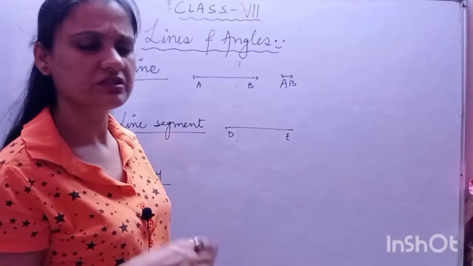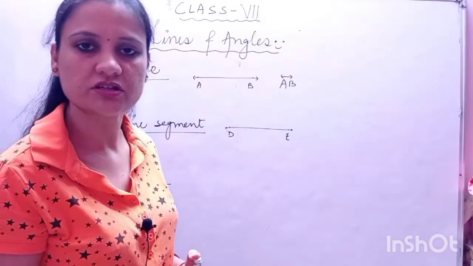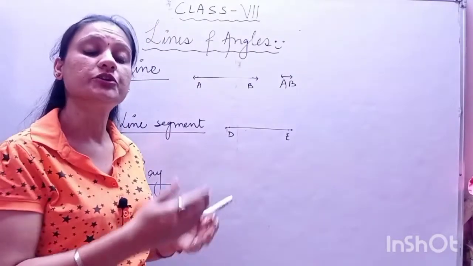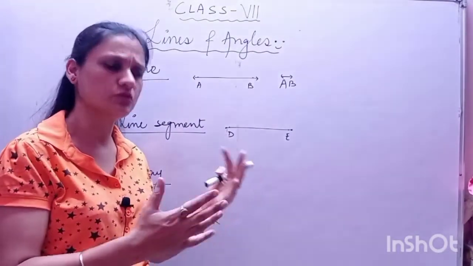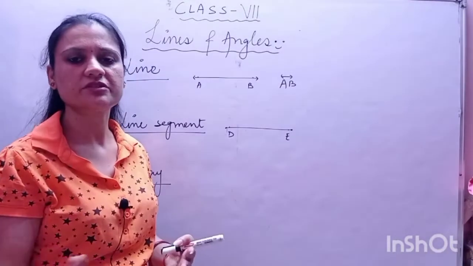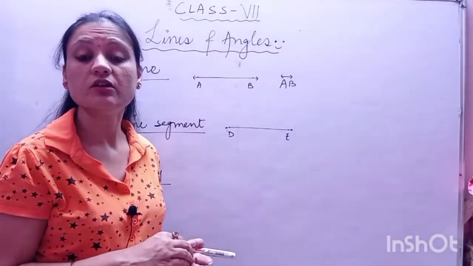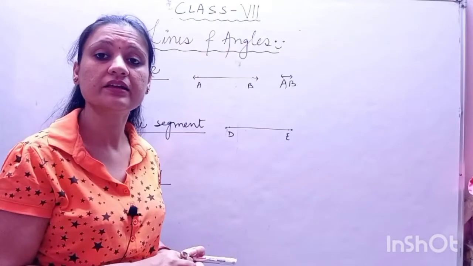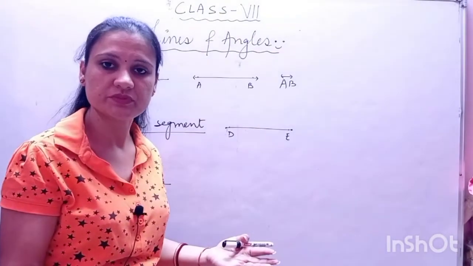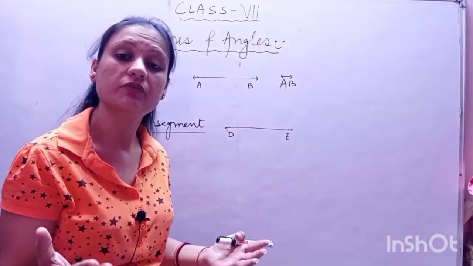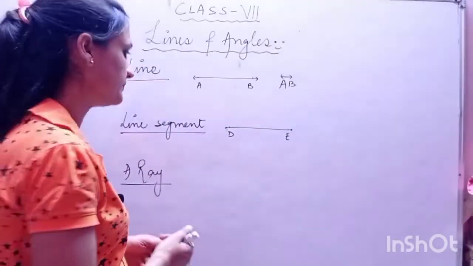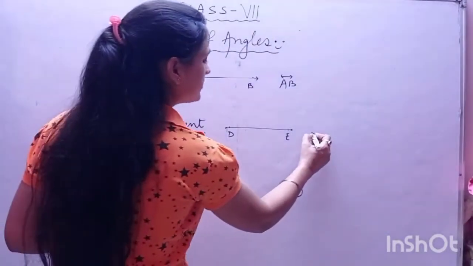So when you see the question in your books, it is every time given: draw a line segment of 4 centimeter, 5 centimeter and so on. You cannot see a question like draw a line of 4 centimeter, as a line doesn't have a fixed length. So how should a line segment be written?